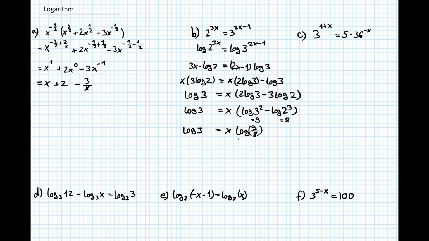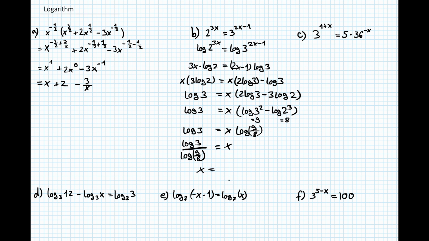And now just multiply it over to the other side so that we can eliminate the x. Alright. If we want to get a more precise answer, you can just type this into the calculator and get the answer from there. Or rewrite it, but that would look a little bit complicated.